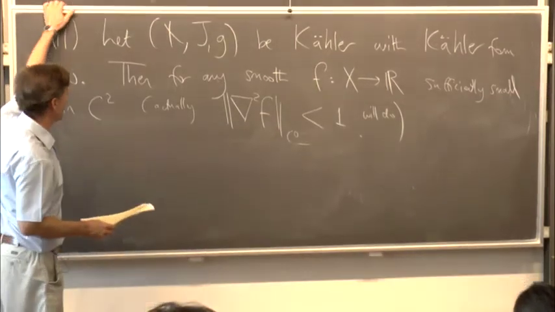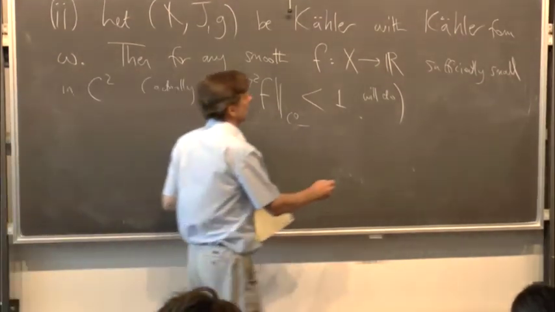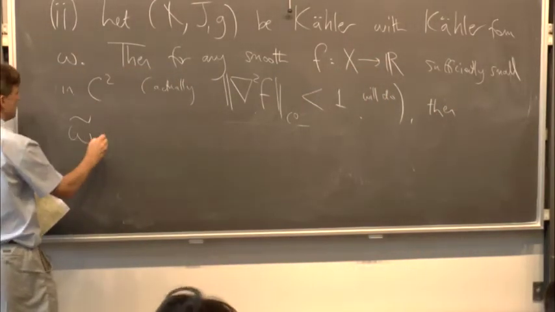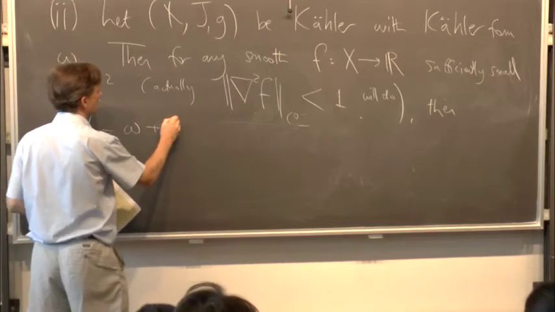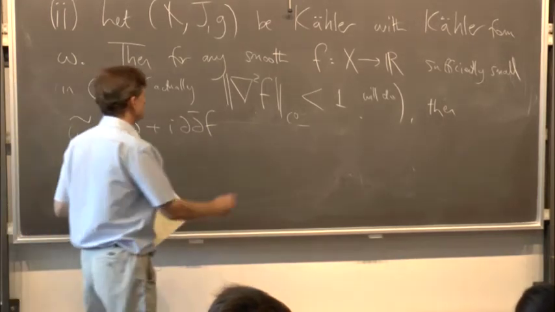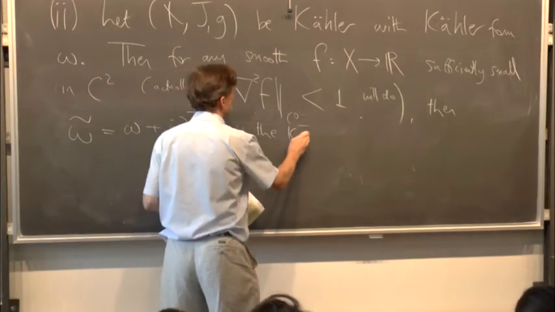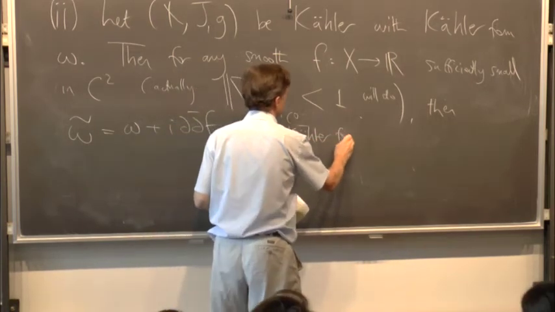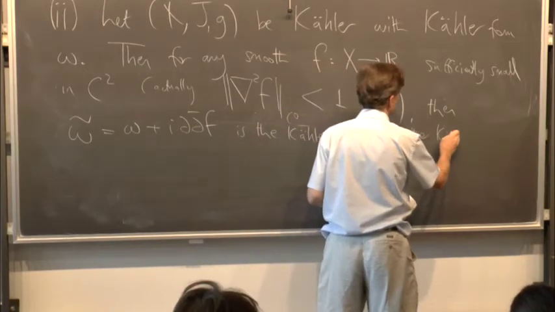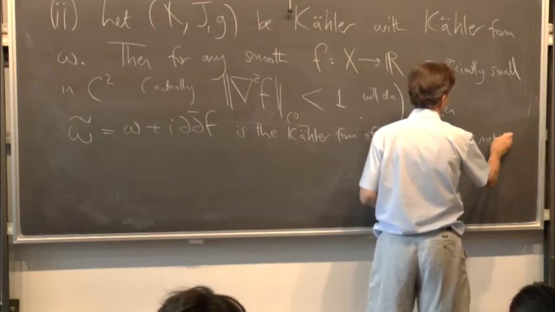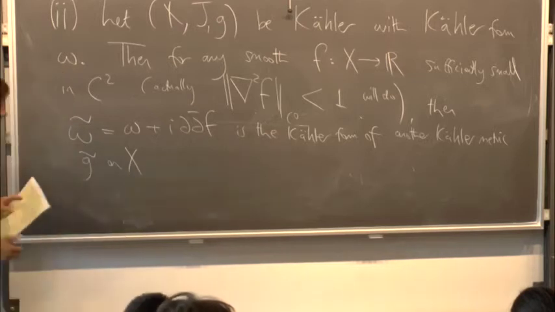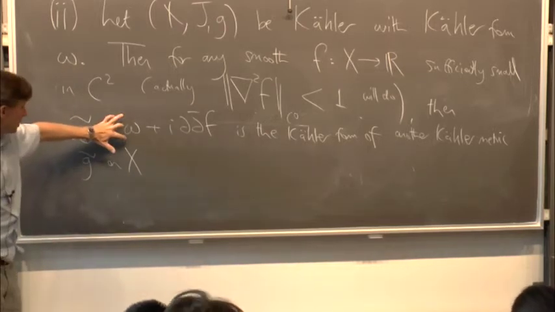So then, if you define omega twiddle to be omega plus i d d-bar f, this is the Kähler form of another Kähler metric g twiddle on X. So what's going on here is that omega is by definition a closed real 1-1 form.